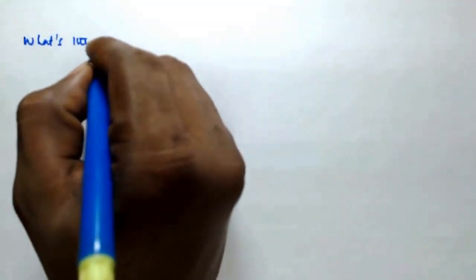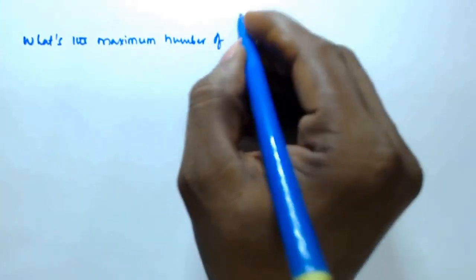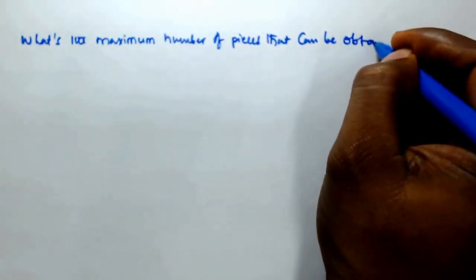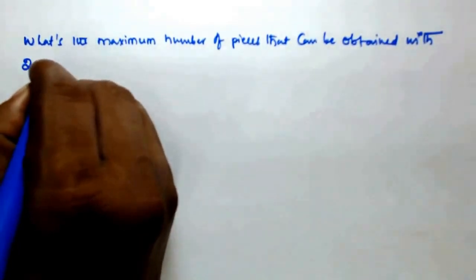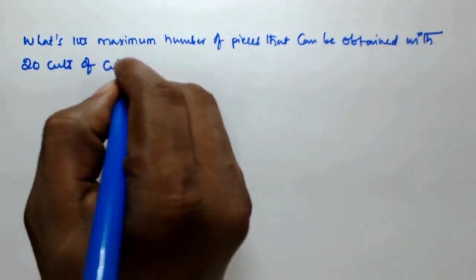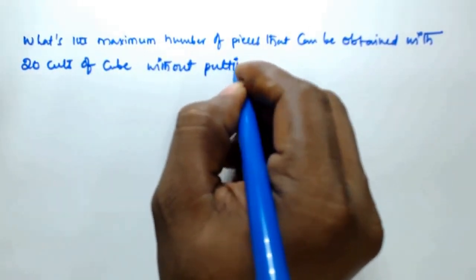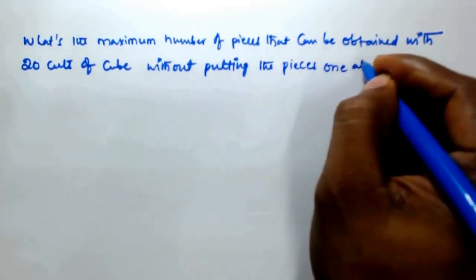And the problem is, what's the maximum number of pieces that can be obtained with 20 cuts of a cube without putting the pieces one above another?